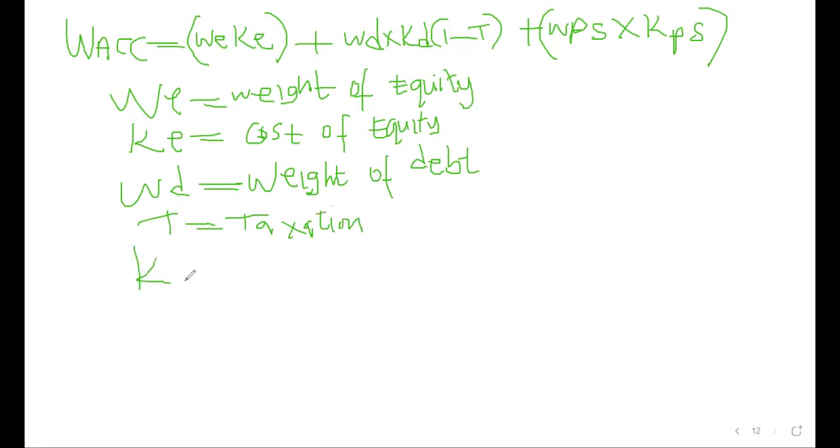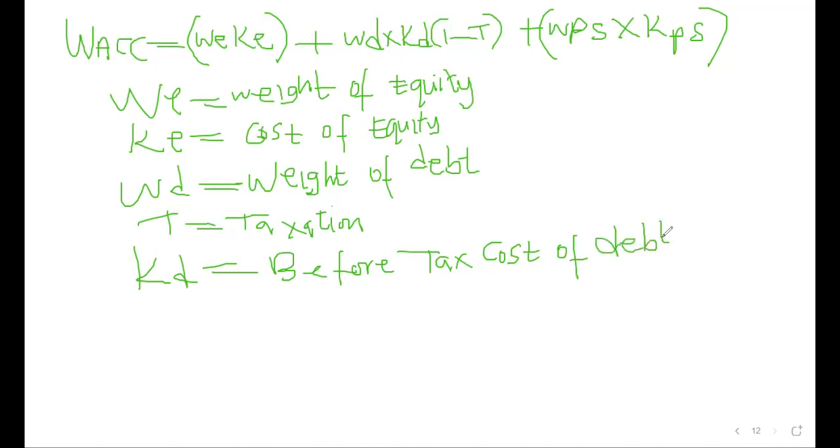Then this one is before-tax cost of debt. Then getting down to the other one, WPS is weight of preferred stock.